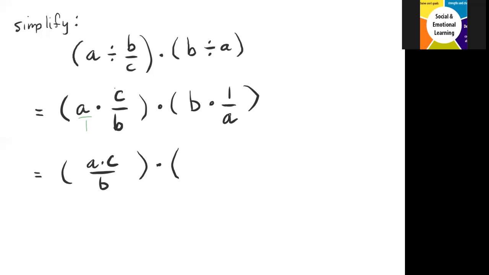And what about this second bracket? What does the second fraction become when we multiply B times 1 over A?